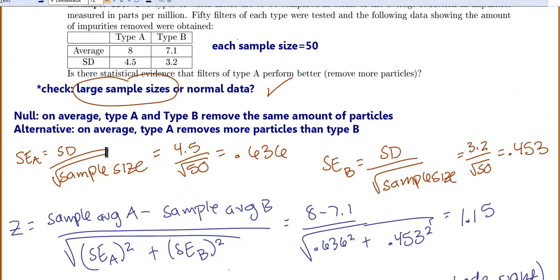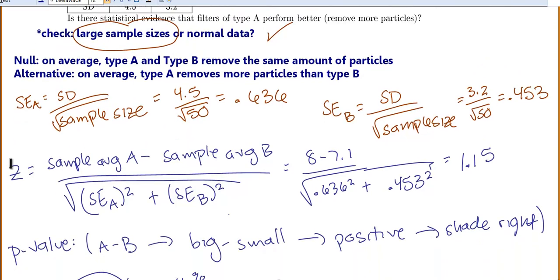Yeah, it does. So for you, it doesn't matter until you write down what you're going to do for Z. So I can choose if I want to do sample average of B minus sample average of A, or sample average of A minus sample average of B. And at this point, it doesn't make a difference. Okay? But once you write it down here, then you have to keep that order for the rest of the problem.